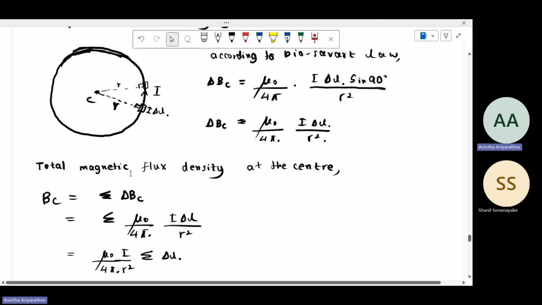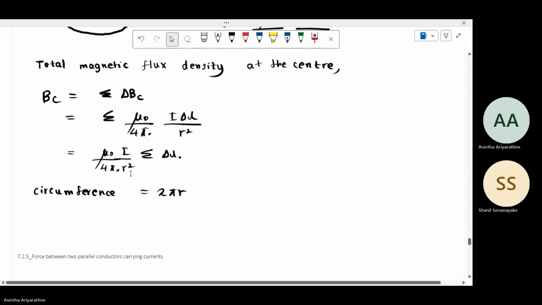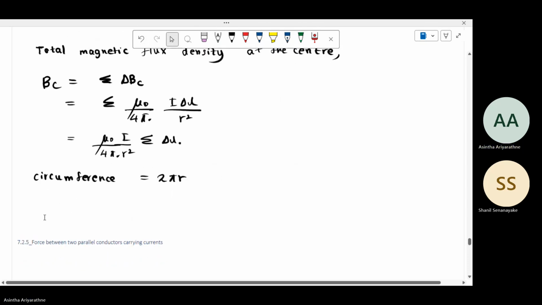Let's say there are N number of turns. This circular loop might not have only one turn, it could have 2 turns, 3 turns, or 4 turns.